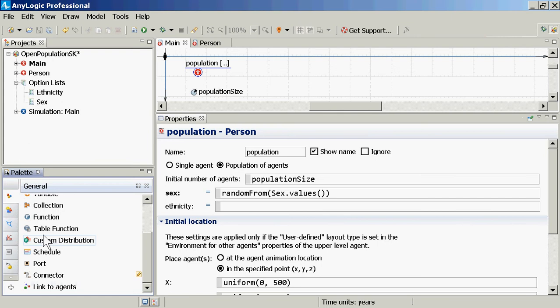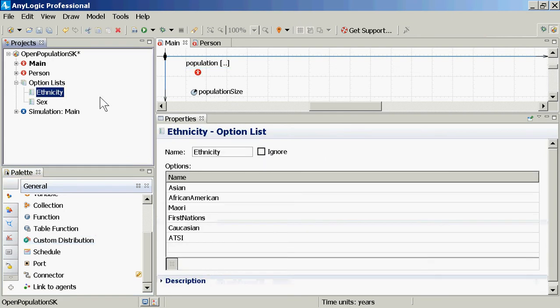We're going to add a custom distribution object, which is going to allow us to pick different ethnicities with different likelihoods. We're going to specify a probability mass function over different ethnicities from that option list called Ethnicity with a capital E.